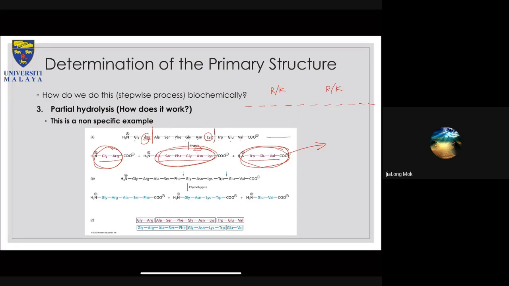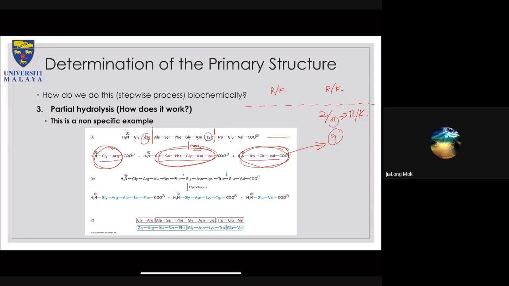Okay, but it can be arginine arginine, arginine lysine, or lysine lysine. So by just doing one experiment, now you know your sequence contains 2 out of 11, either arginine or lysine. So now you just need to identify the remaining 9.